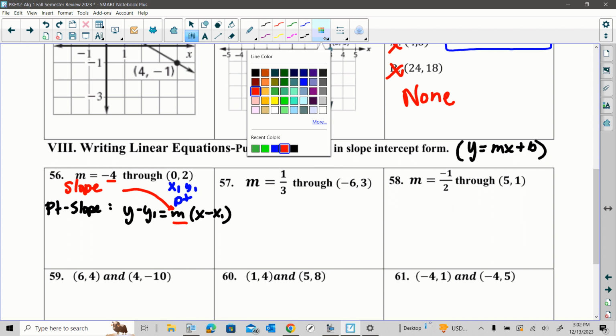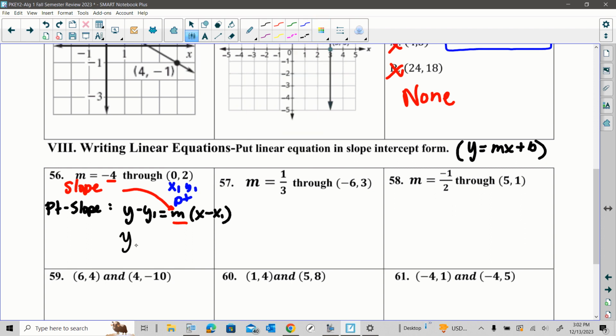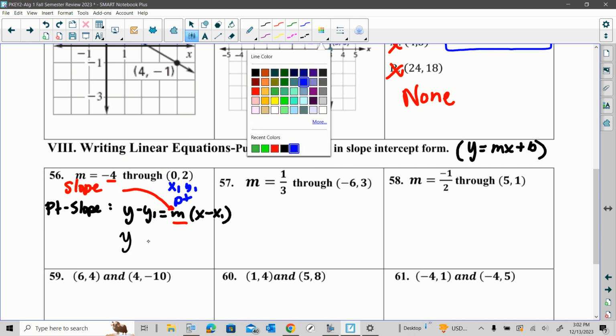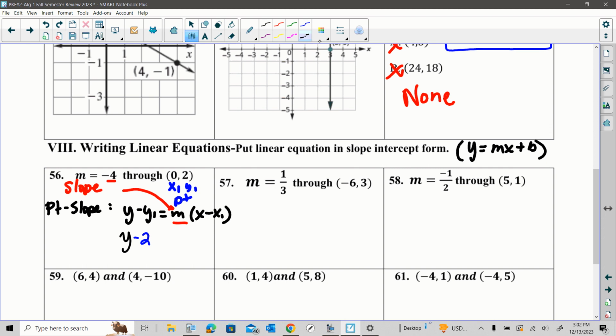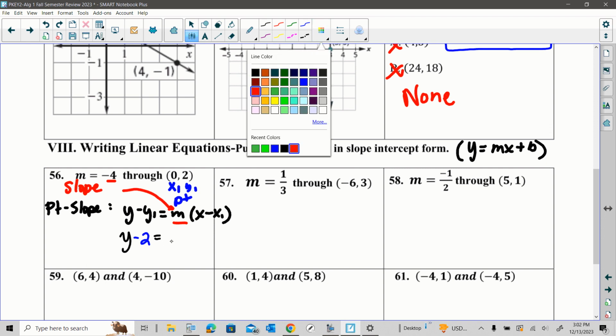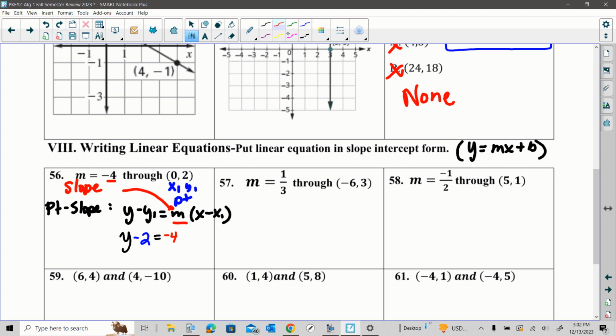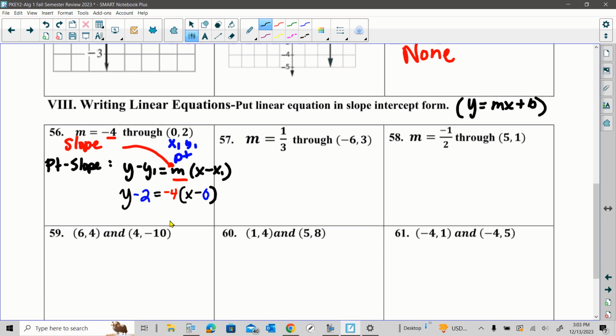So that means we're going to have y minus 2 equals the slope, which was that -4, parentheses, x minus the 0.